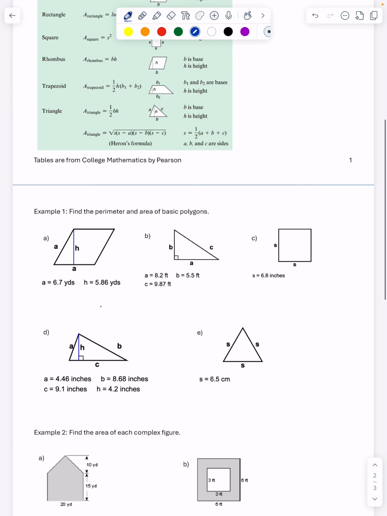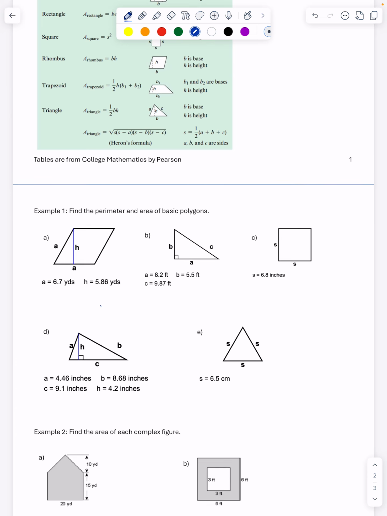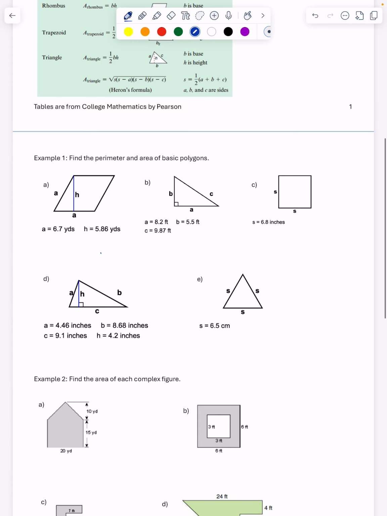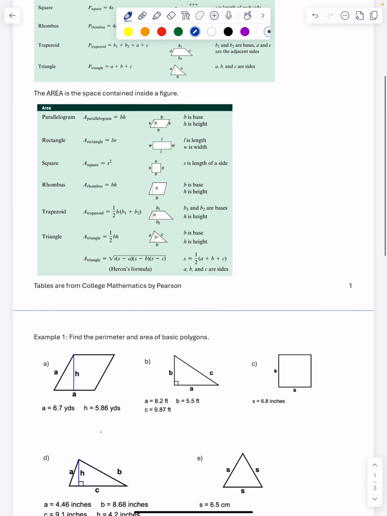I realized I do not have an example of a trapezoid, so maybe we will make one up and stick that in there so you've got an example. Couple of things to understand here. Parallelograms, rectangles, squares, rhombuses, these top 4 have 2 sets of opposite parallel lines.